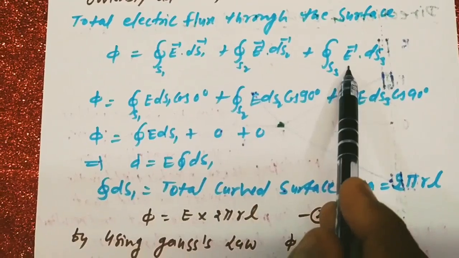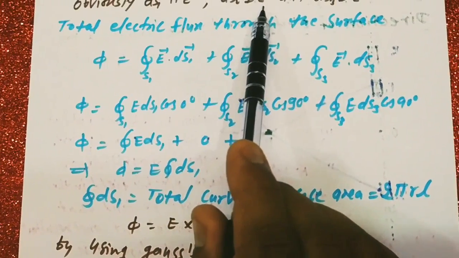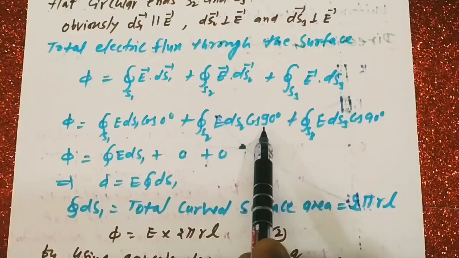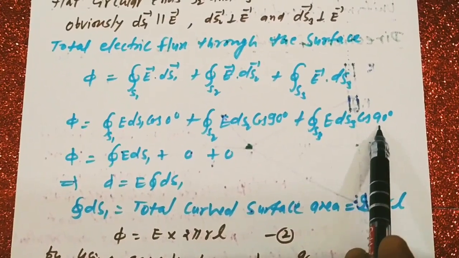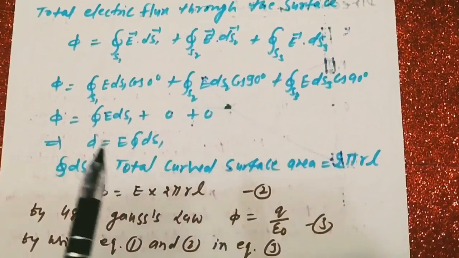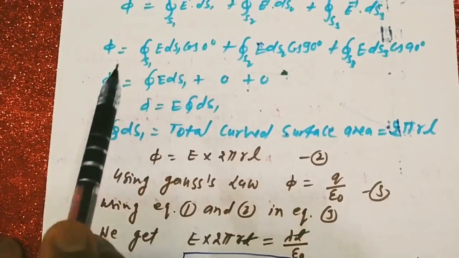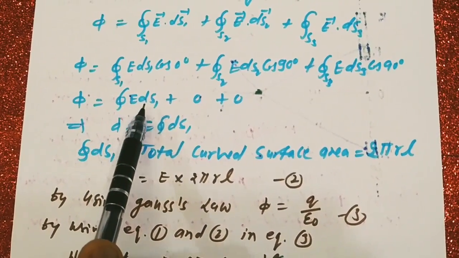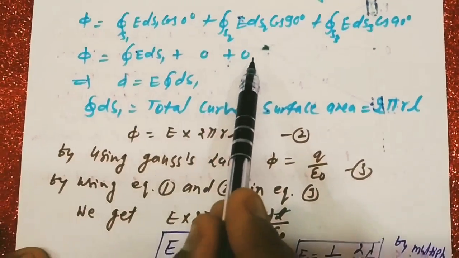But in the second and third cases, dS2 is perpendicular to E, and dS3 is also perpendicular to E. So we have E dS2 cos 90 and E dS3 cos 90, and we know that cos 90 is equal to 0 and cos 0 equals 1. So we get phi equals the integral of E dS1 plus 0 plus 0.